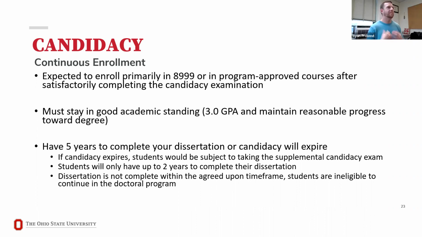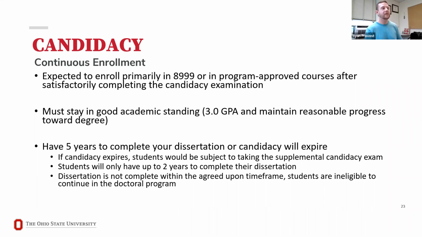Also, during this time, you must stay in good academic standing, so a 3.0 GPA and reasonable progress towards finishing. And you have 5 years to complete your dissertation once you reach candidacy status, or else your candidacy will expire. So it is important to make note of that.